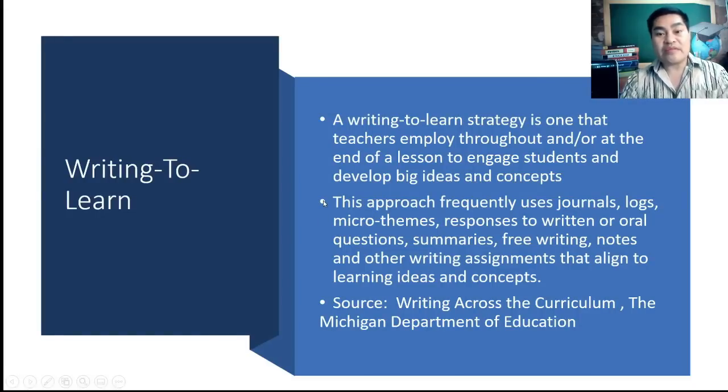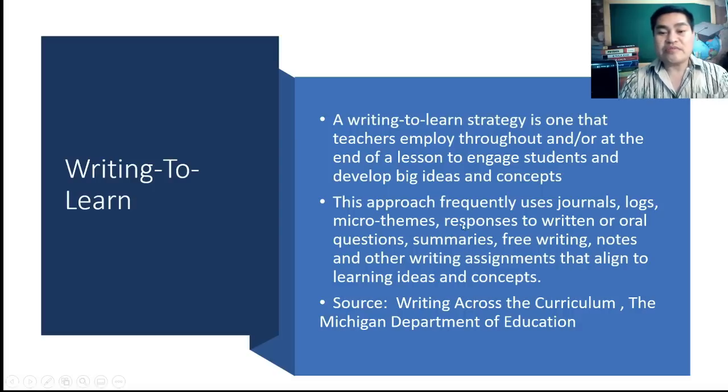Writing to learn is a strategy that the teacher employs at the end of the lesson to see if students develop big ideas and concepts. They understand the ideas and concepts that you are trying to measure.